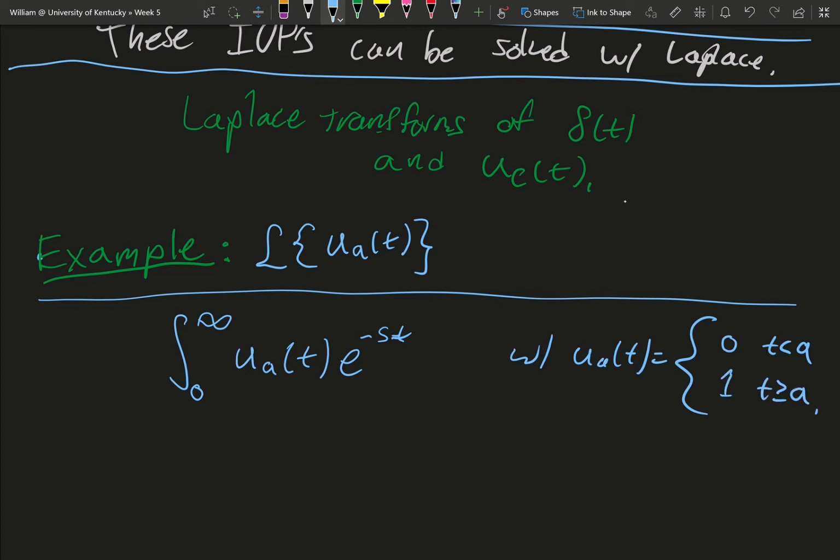Okay. So the first case is what's going to happen if this a here is strictly less than 0. Well, for every positive t value, we're going to have that this is just equal to 1.